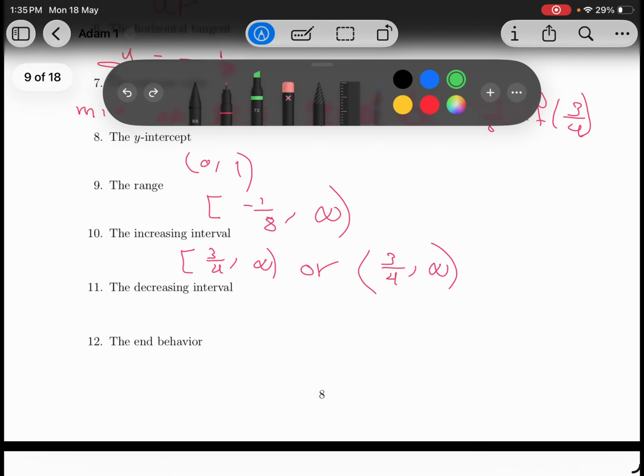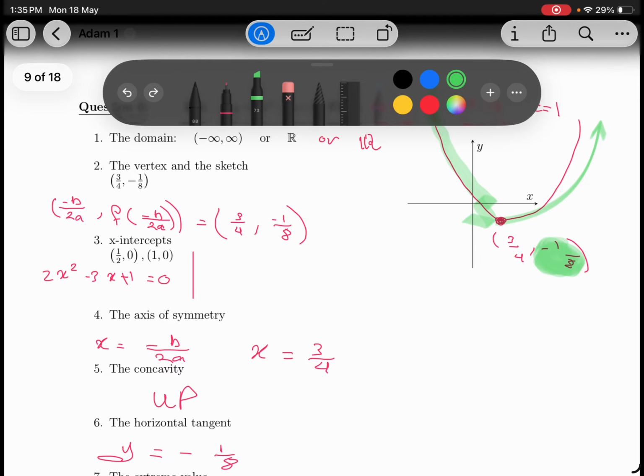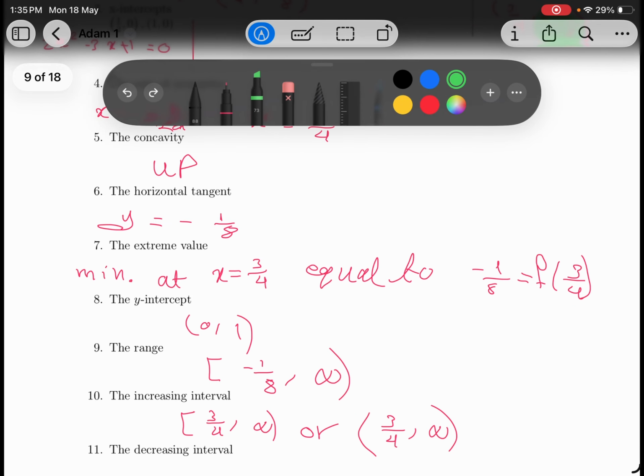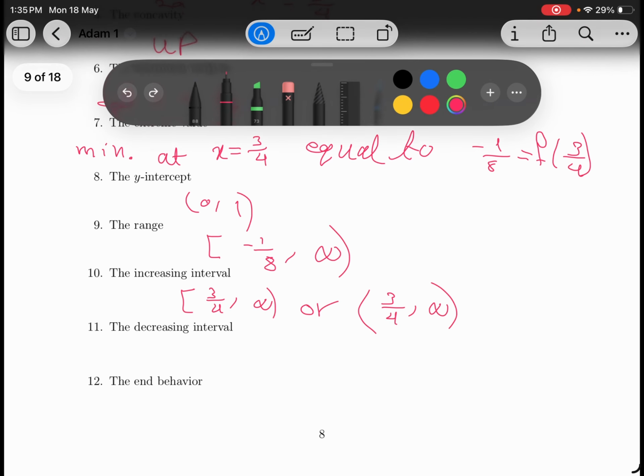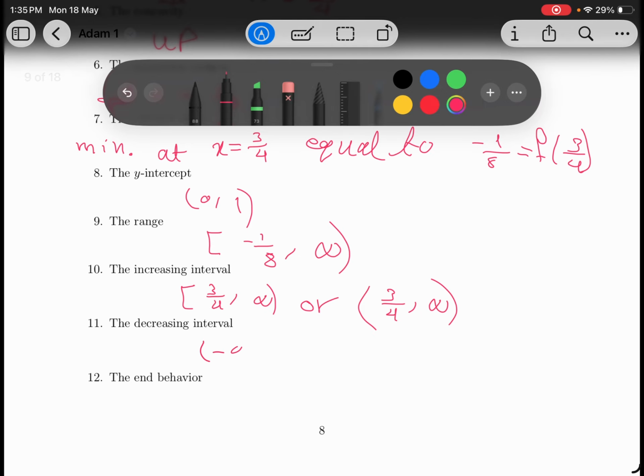So, and decreasing from minus infinity till we reach 3/4, okay? So decreasing from minus infinity till 3 over 4 closed, or from minus infinity to 3 over 4 open.